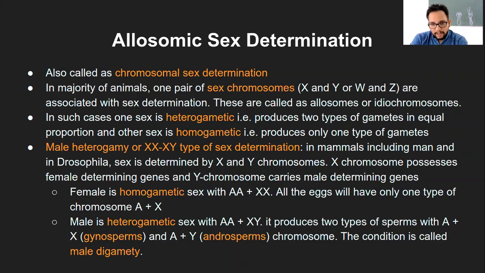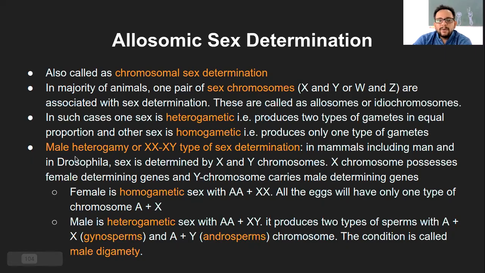Now, this will be true when we think in terms of male heterogamy or female heterogamy. That means either the male being heterogametic or the female being heterogametic. And there are several such possibilities.